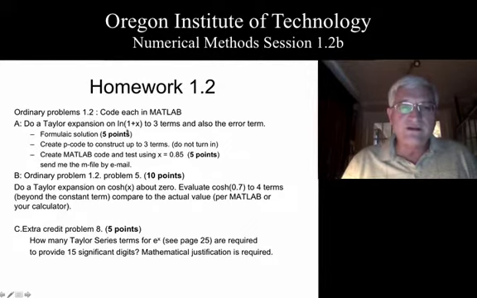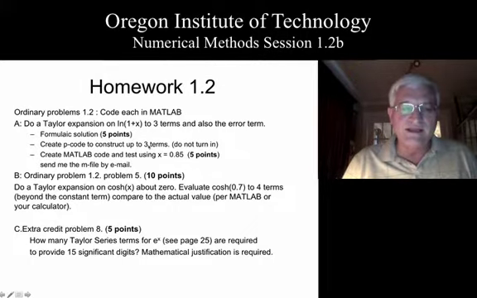We're going to take the log of 1 plus x, and we're going to do the same thing we just did on the examples. We'll take 3 terms past the constant and see if we can write down this cubic polynomial that will be a reasonable approximation for the log of 1 plus x. That's worth 5 points.